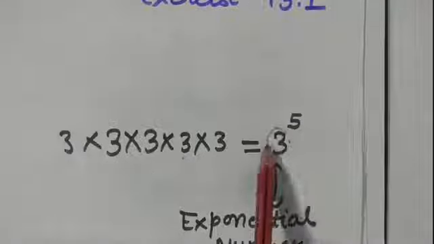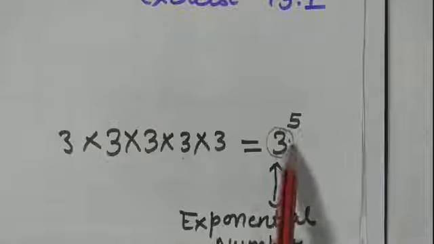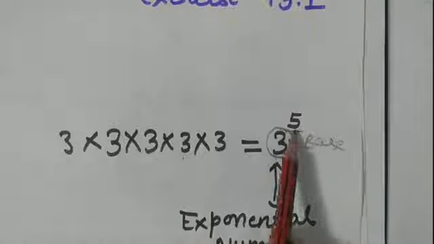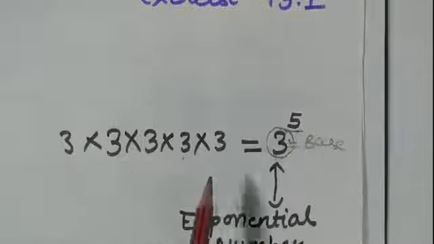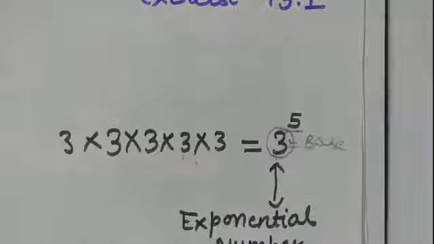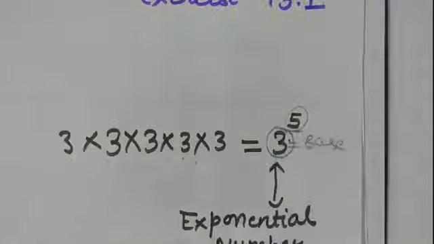Here, this 3 is known as the base. The number which is being multiplied is known as the base. The number of times 3 is multiplied is its power, or you can say exponent.